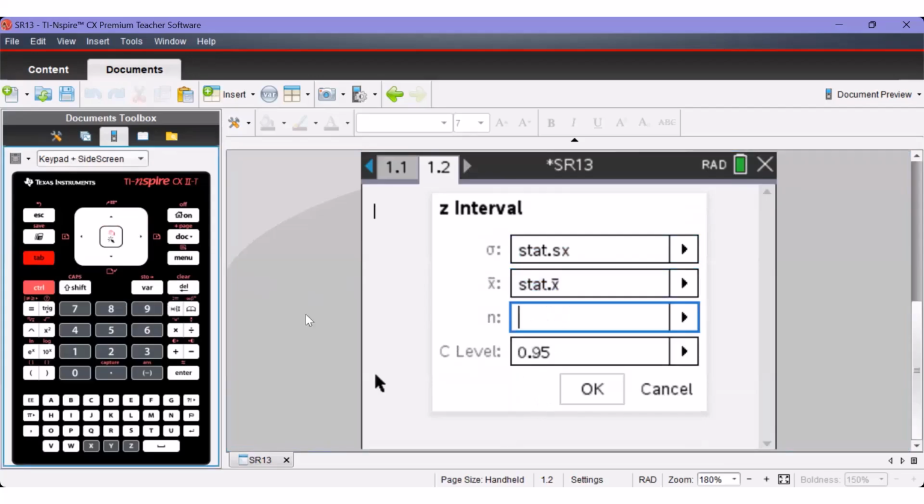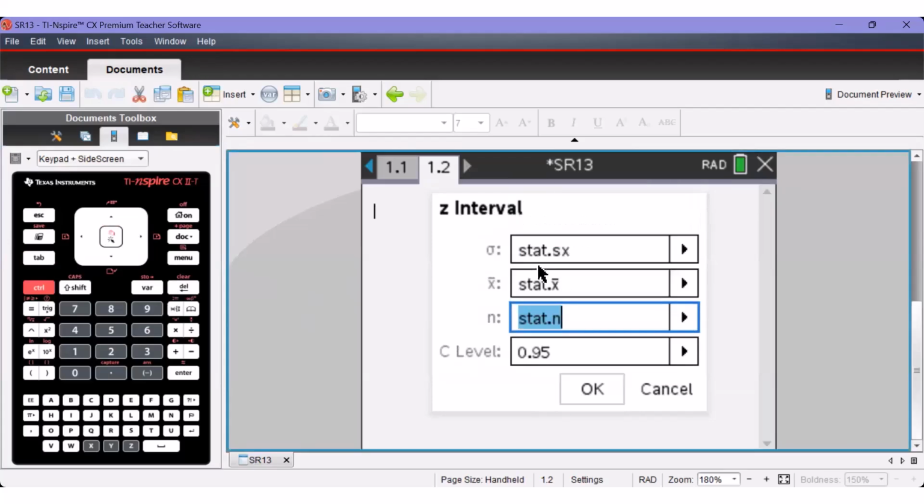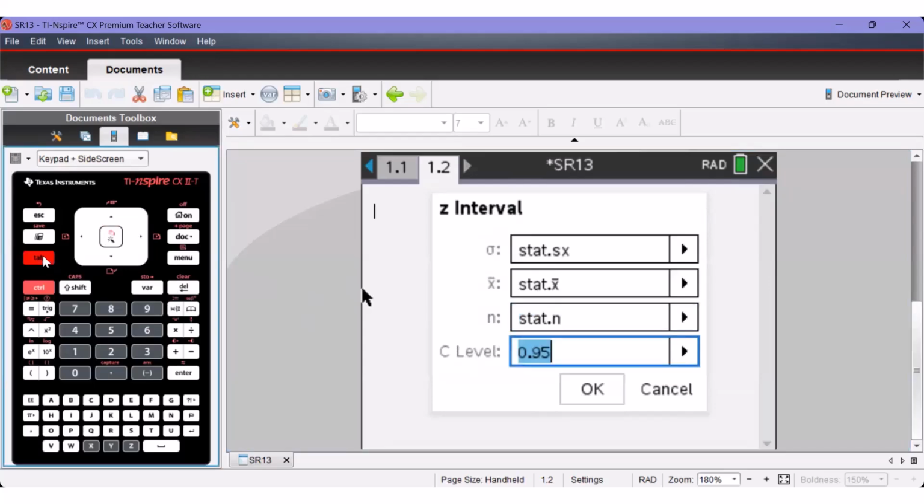Press Tab. Now we know that there's 12 points. We could also press stat.n. Press Tab. Our confidence level is 0.95 or 95%, so we don't need to alter that. Press Tab to highlight OK, and then press Enter.